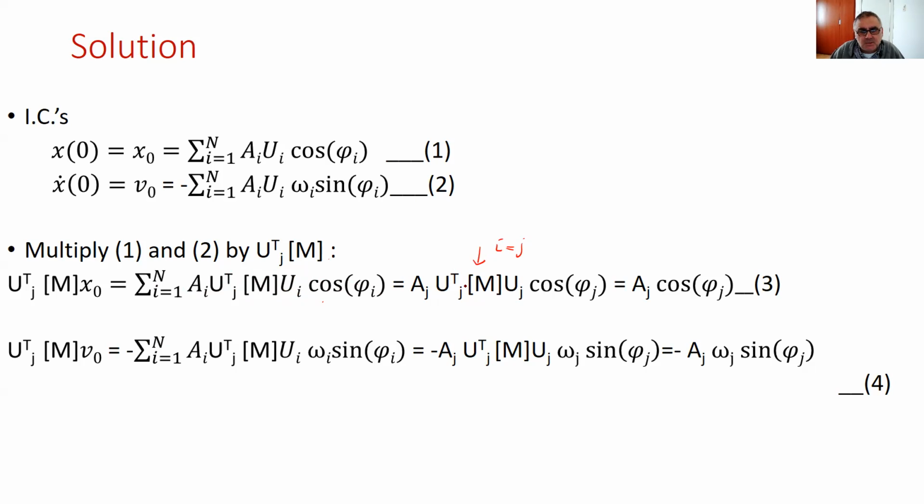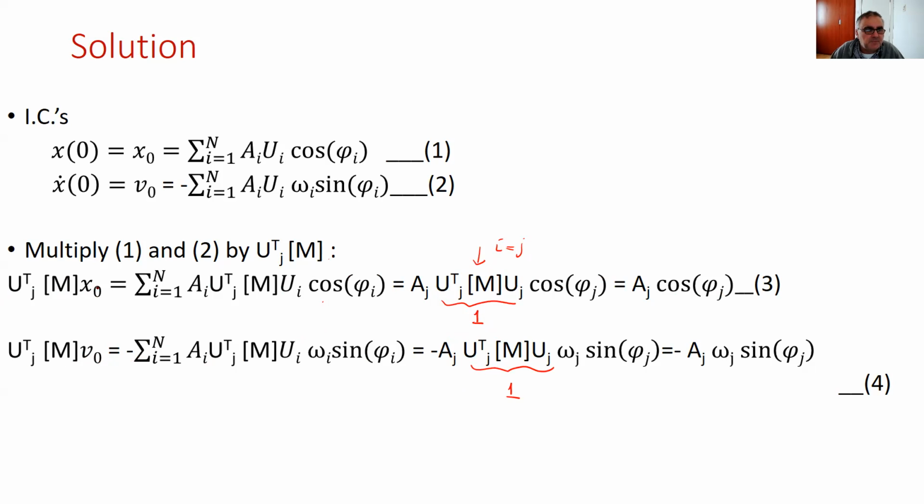Okay, when i is equal to j, well, this thing, as we know, is equal to 1 because we have normalized the eigenvector. So is this one, this is equal to 1. The rest of all these triple products are 0. So what we get is Aj cosine phi j is equal to Uj transpose M x0.